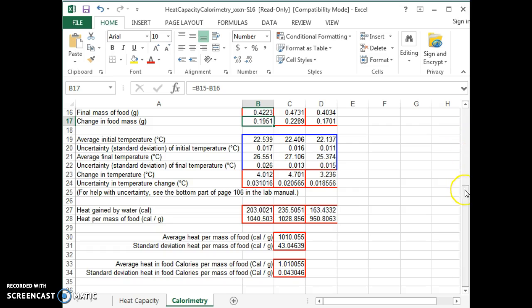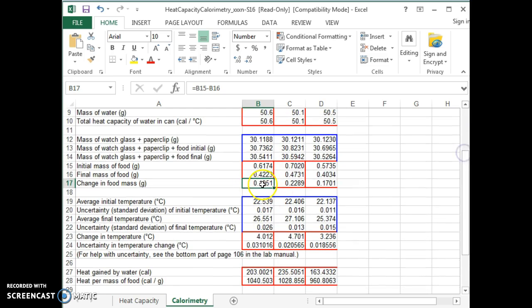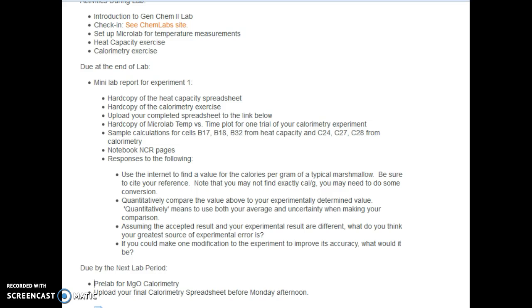What are the actual numbers that you used to calculate that, and what were they? So you would want to say cell B17 is change in food mass. It equals the initial mass minus the final mass, which equals 0.6174 minus 0.4223.